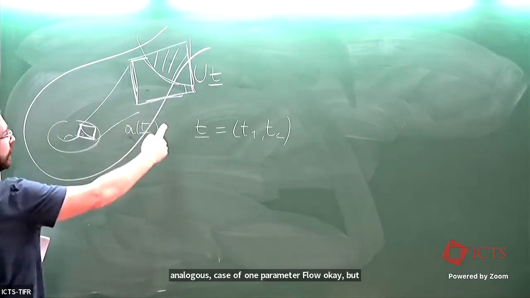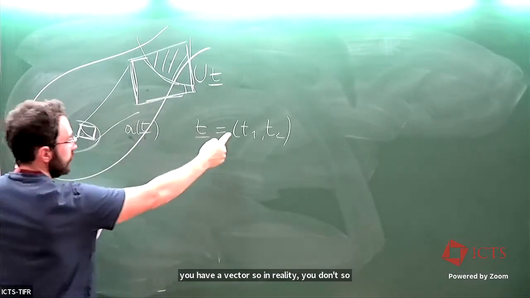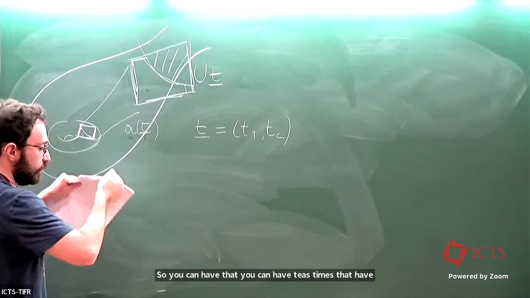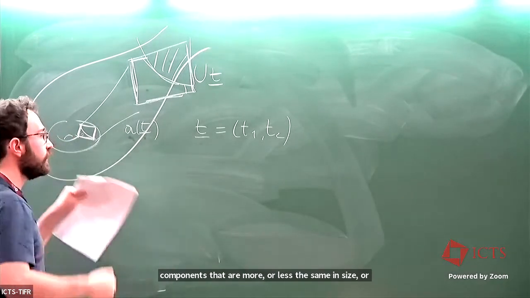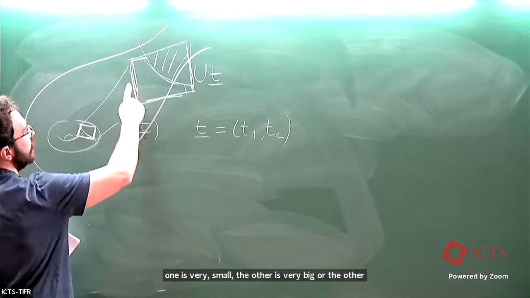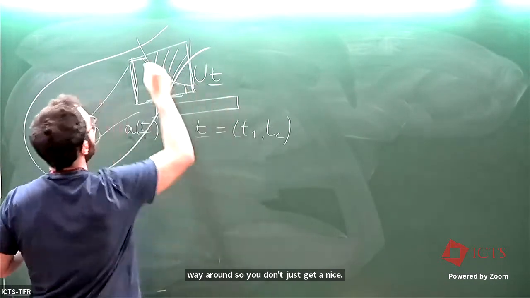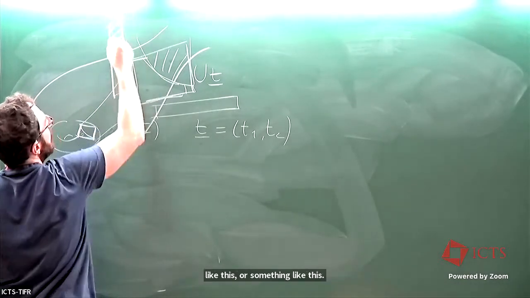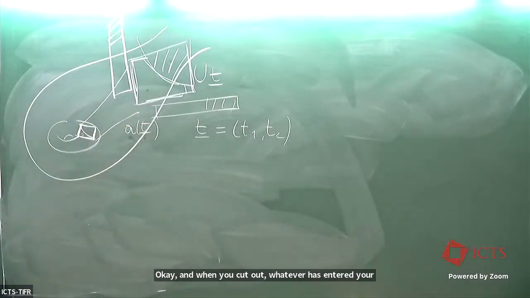So in reality you can have times t that have components that are more or less the same in size, or one is very small and the other is very big, or the other way around. So you don't just get a nice square here, but something like this or something like this. And when you cut out whatever has entered your neighborhood and take it back, what you see back is just some mess.